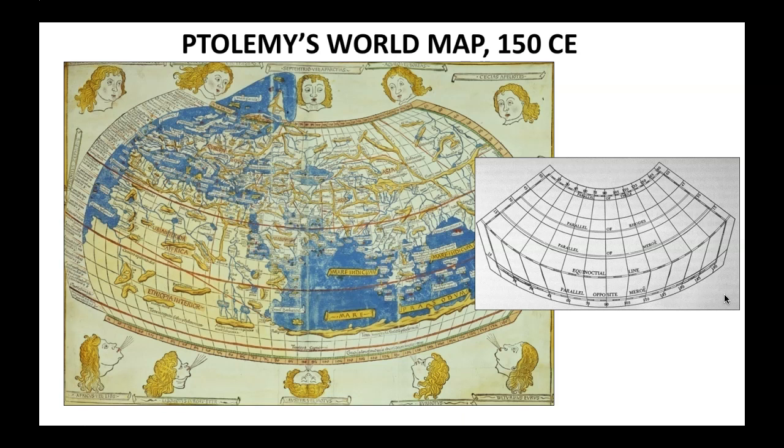This is a map of the world with mountain chains, and we also see the winds personified as these figures of persons. We also see mountain ranges depicted, and for the first time we're going to see Ptolemy use a graticule along with a projection.